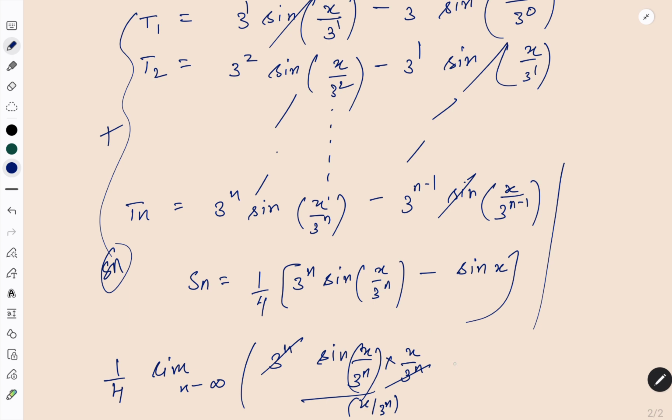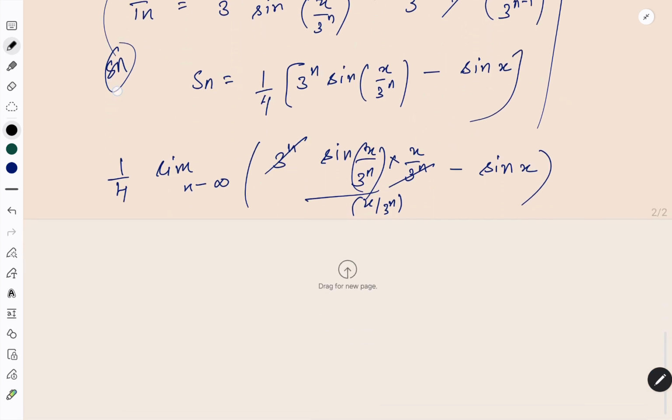I'm not just leaving it like here, and then sine x. And remember, many of the students make this mistake that they consider this x also as a variable, and they end up getting the wrong answer, because actually the variable in this question is n and not x. Okay, let's move further.